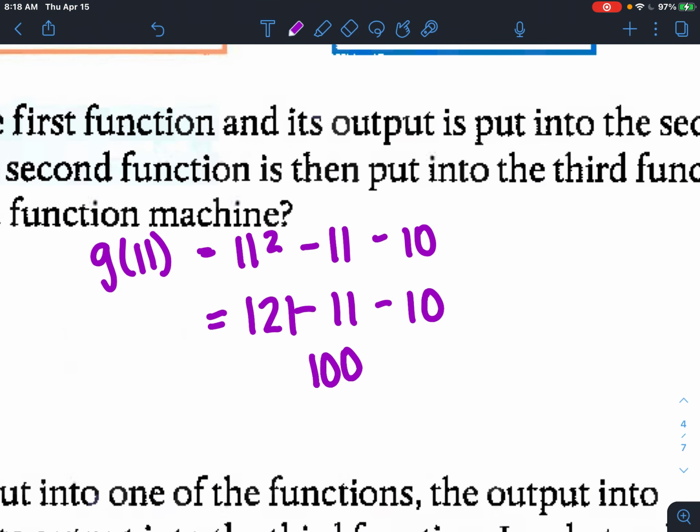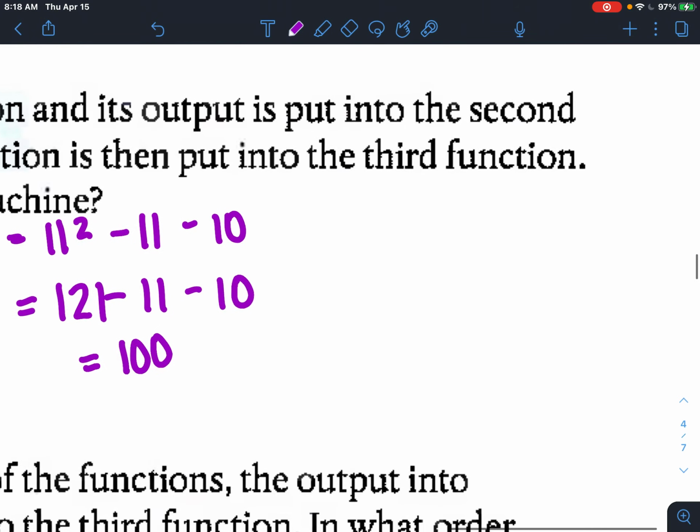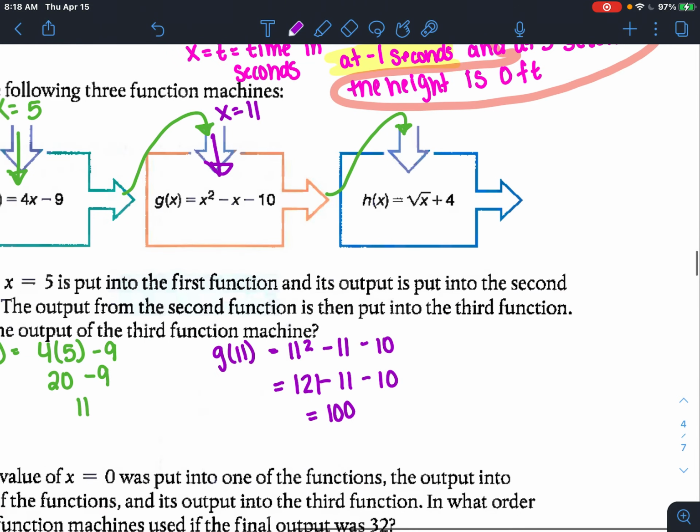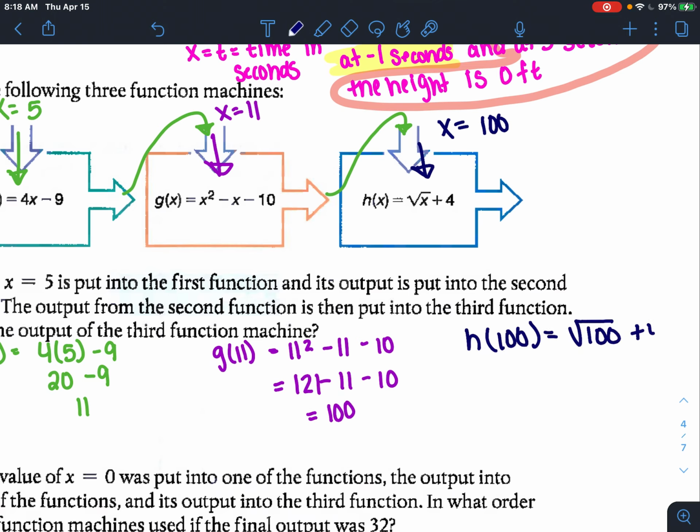We'll get a nice 100. So then I'm going to take x equaling 100 and plug it into my last machine. So h of 100 equals square root of 100 plus 4. Square root of 100 is 10 plus 4. So we'll get 14 as our final output.